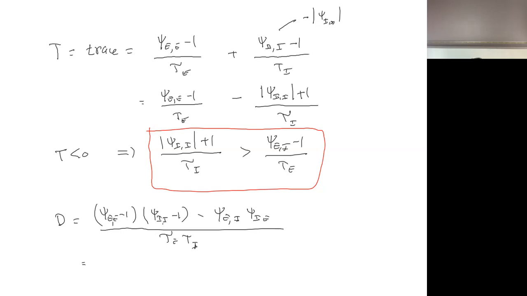And remember, because psi E comma I is negative, we can write this as the absolute value of psi E comma I.